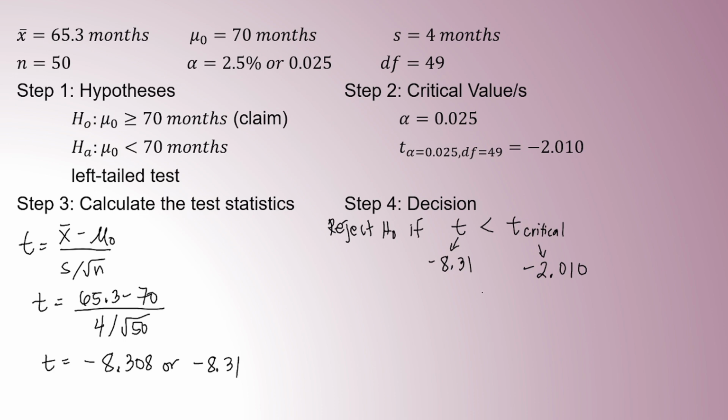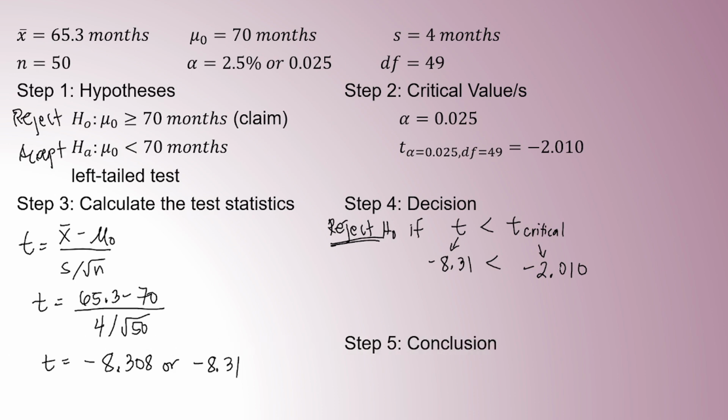So, obviously, negative 8.31 is smaller than negative 2.010. So, it means it is less than, we will really reject H0. So, we put here H0 reject. And what we accept is HA.